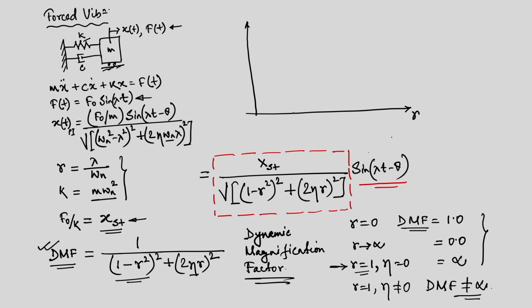Then obviously, we have R equal to 1.0, and when R equal to 0, what is the DMF? It is 1. So, this is our DMF and we have this value as 1.0.